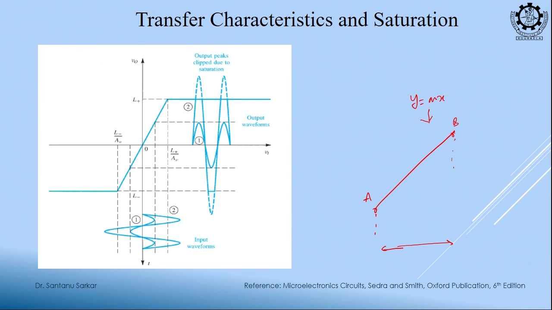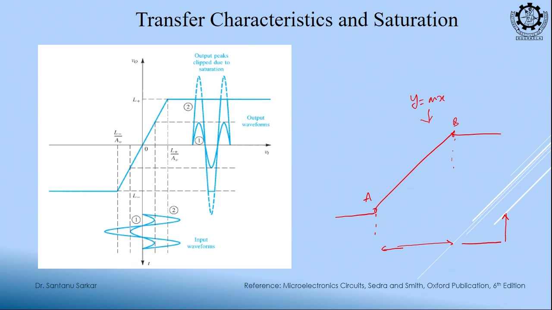Up to here my amplifier is behaving like a linear one, so it will amplify and the replica will be exactly the same. But after this, what I am seeing is that it is flat. That means input voltage is increasing, but output voltage is not increasing.